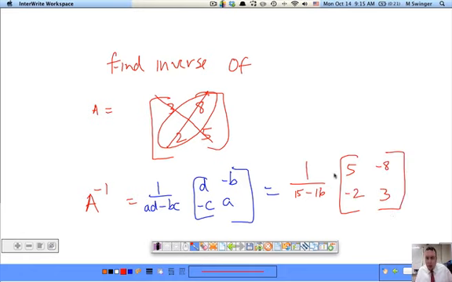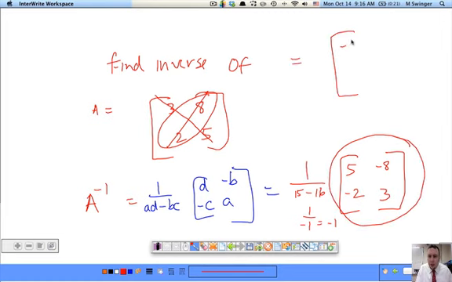And there we go. But we have to do one more thing. We have to make it look good. Take this times this. Now this is nice because that's really 1 divided by -1, which is -1. Right? 15 minus 16 is -1. So really you have -1 times this right here, which is -5, +8, +2, and -3.